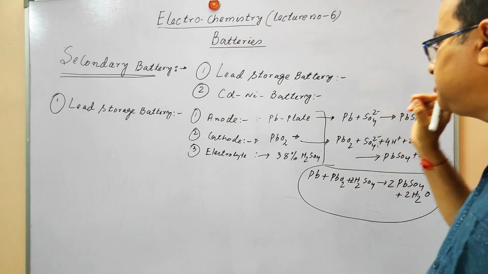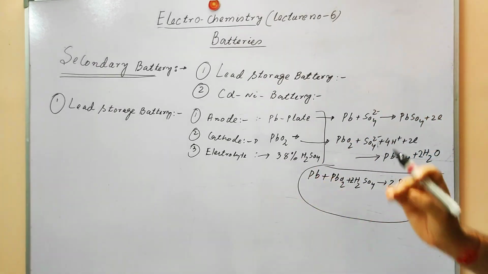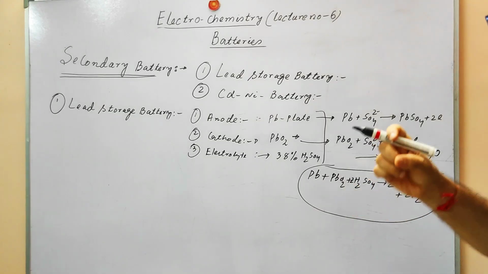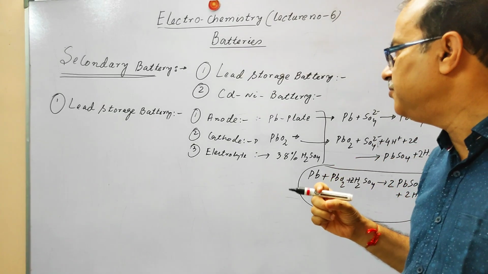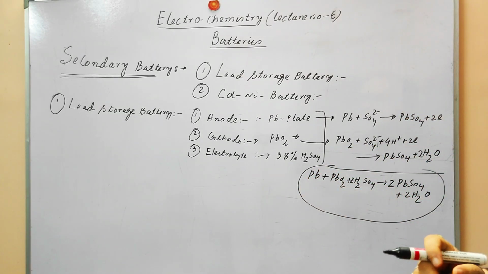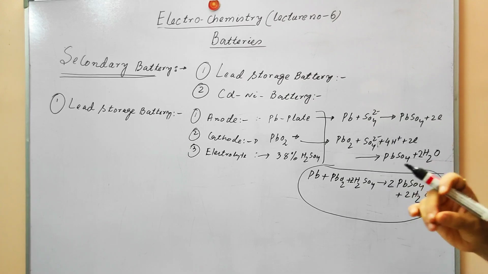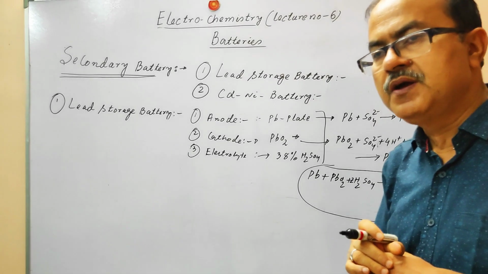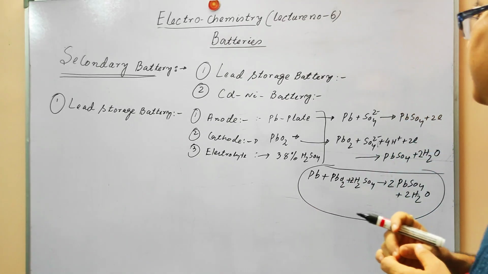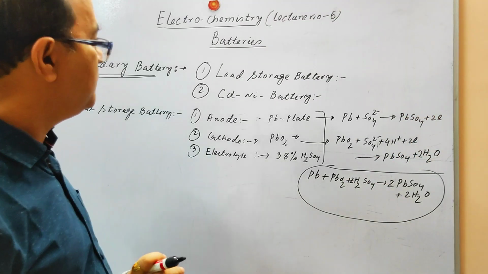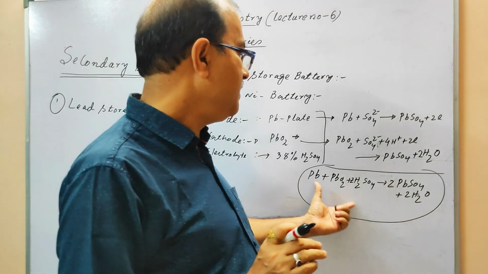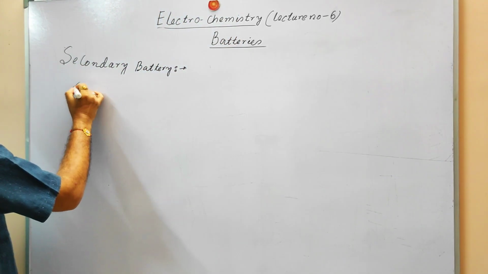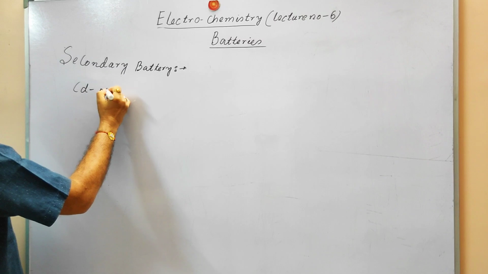This is the overall discharging reaction, when we are taking electricity from the lead cell. But when we are charging, the reaction goes in the opposite direction. This is the secondary battery, which can be recharged.